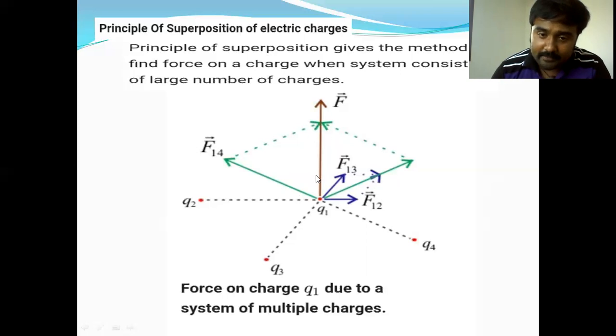So actually this is the net force acting on all these three point charges.